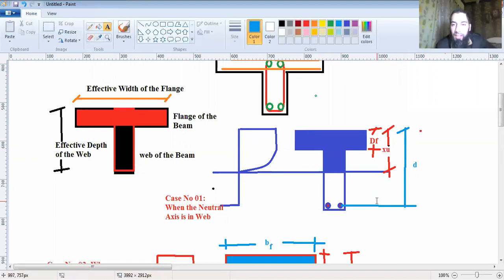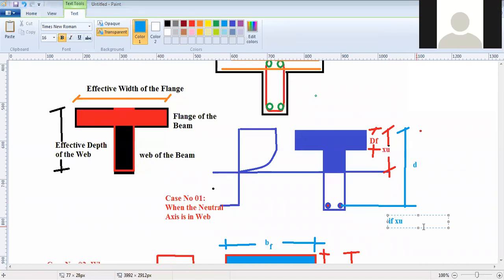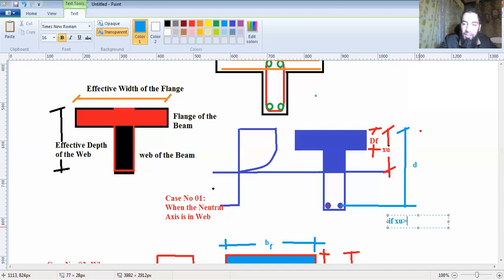Now, this is a case when your xu is greater than Df, as in this case. Your xu is greater than Df, then in case 1 there will be two more cases.